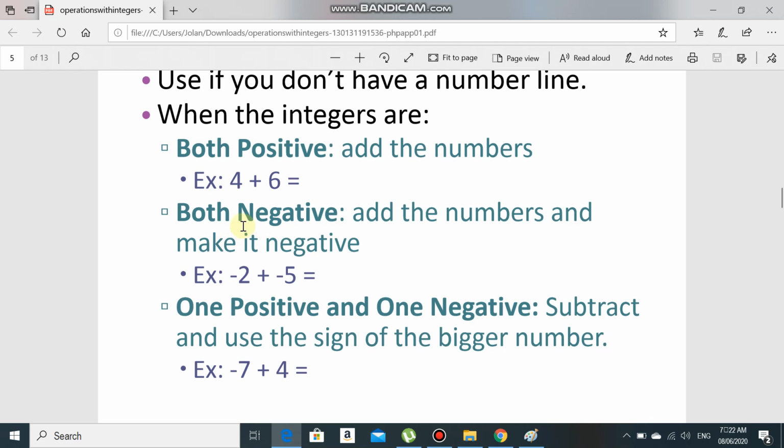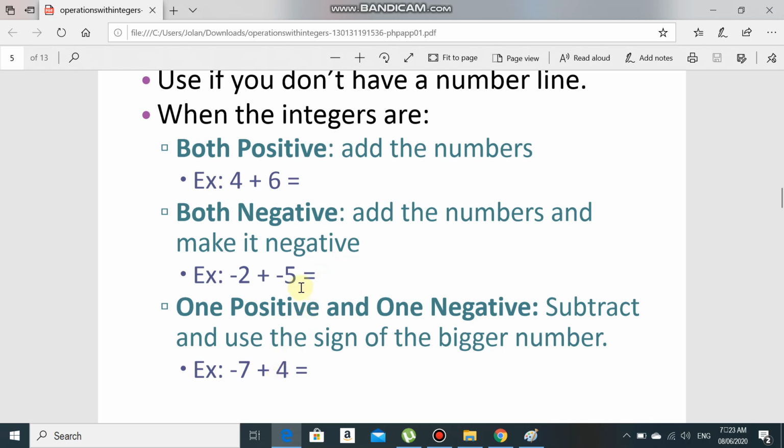Next rule: if both integers are negative, add the numbers and make the sum negative. Take negative 2 plus negative 5. Both are negative, so we add 2 plus 5, which is 7, and we make 7 negative.